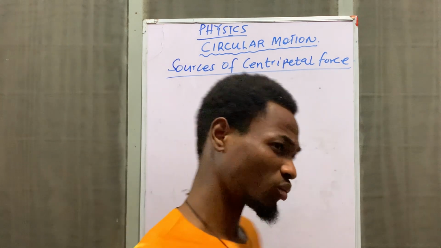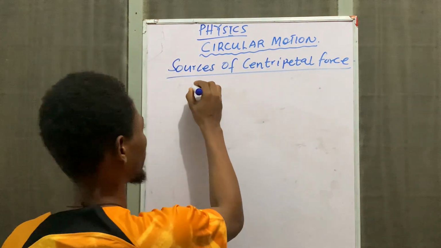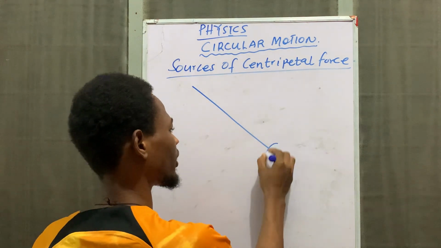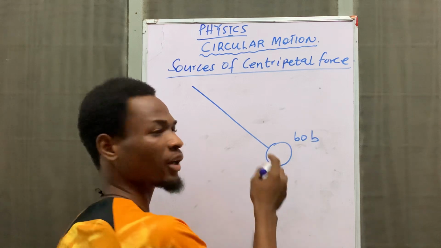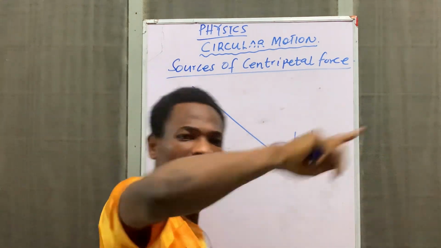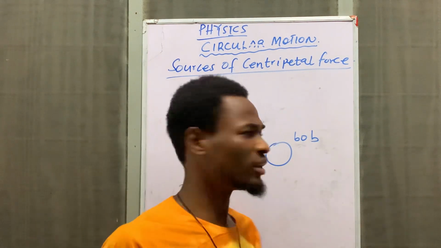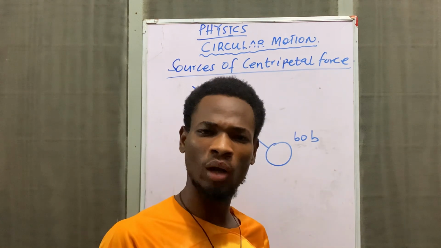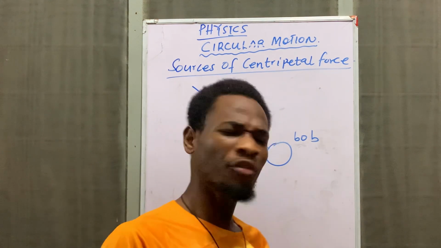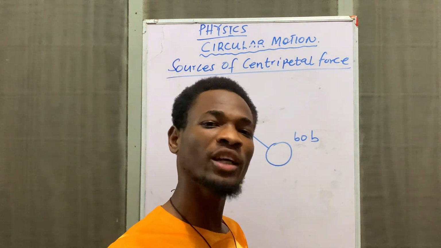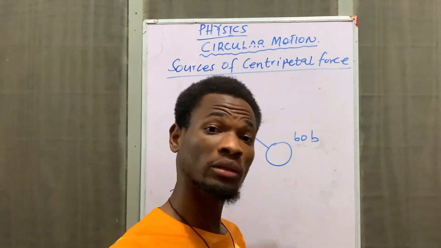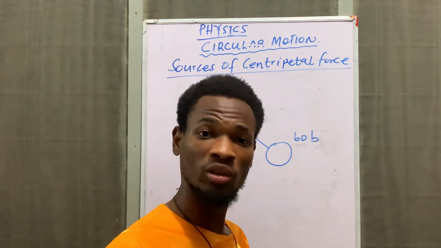So this is the string or the thread, and this is the stone or the ball. Then you whirl it in a circle, so the stone is performing a circular motion. Now, if this body doesn't produce its own centripetal force, the stone cannot undergo circular motion.